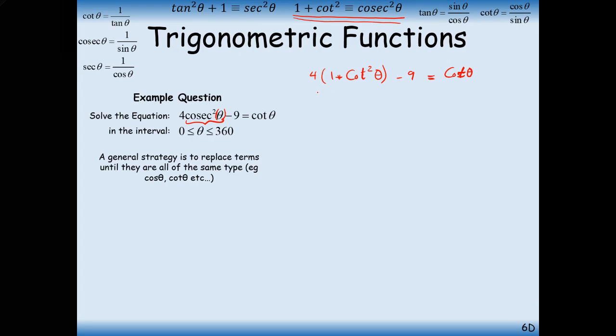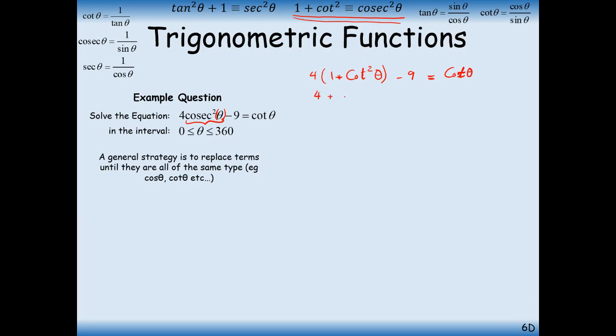Right, so expanding the bracket here, we'll have 4 cotan squared theta, and we can subtract that cotan from the right hand side, bring it to the left, and we end up with an expression which is looking more and more like a quadratic equation.